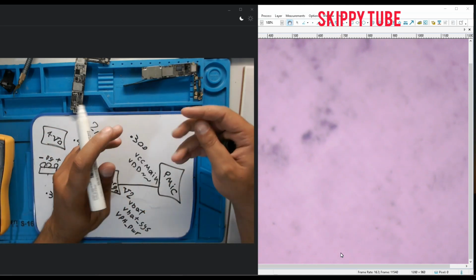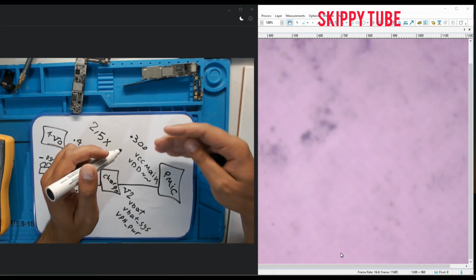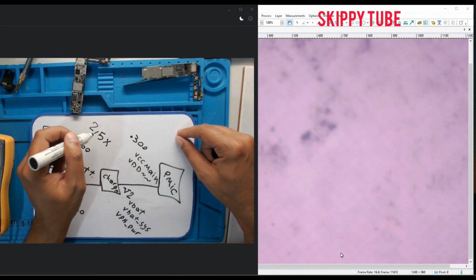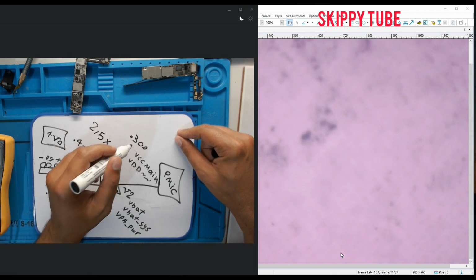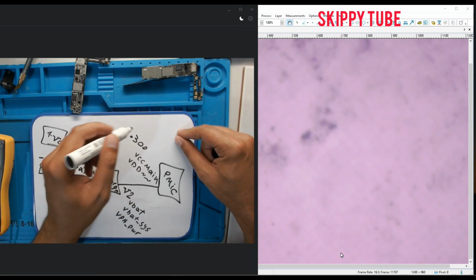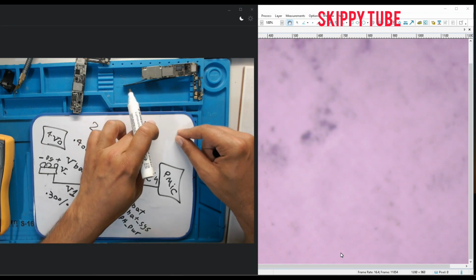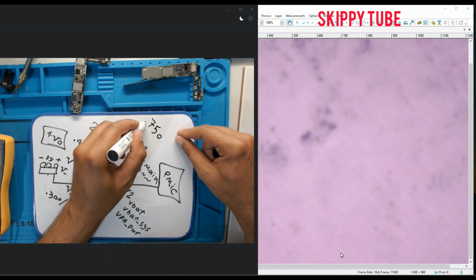That means the normal Skippy test value, if this is multiplied by 2.5, 0.300 becomes 0.750.